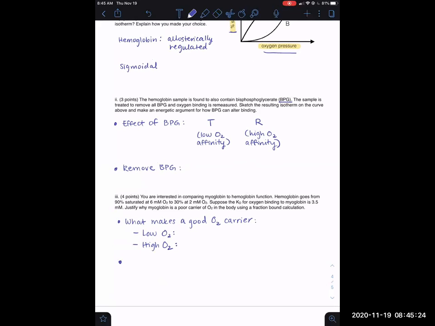Now, in part 2, we can consider the effect of BPG on the allosteric binding of hemoglobin to oxygen. BPG is an example of an allosteric regulator, or allosteric effector.